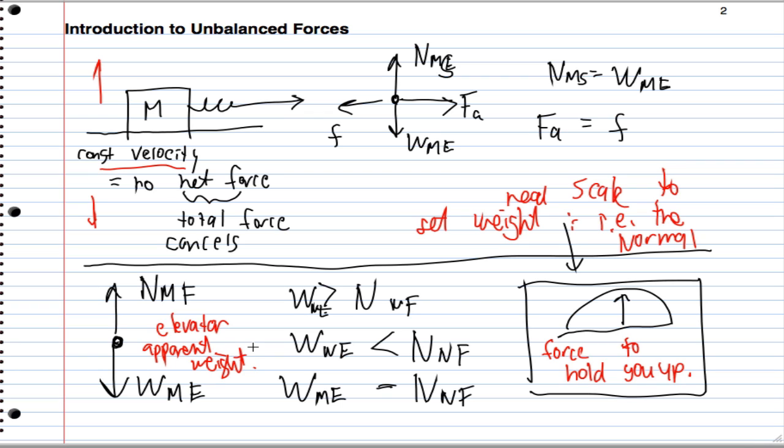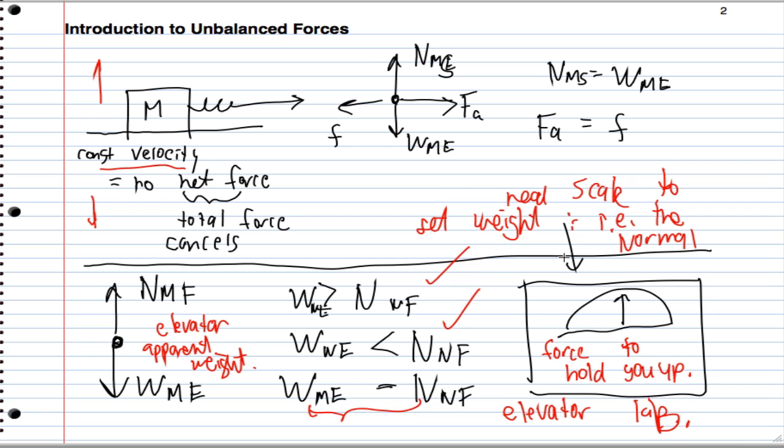So we're going to have you ride the elevator with the scale, read the scale, and then talk about what happens when the forces are unbalanced this way, where the weight's bigger than the normal force, unbalanced this way, where the weight's less than the normal force, and when they're actually completely equal. So we're going to be doing the elevator lab tomorrow, and we're going to be covering these ideas in class.